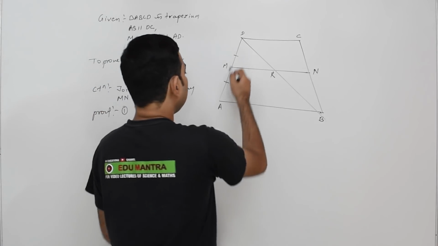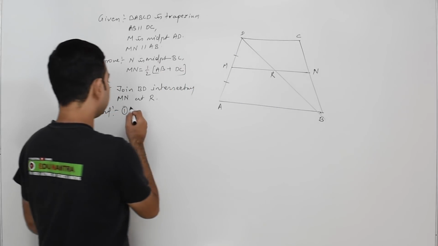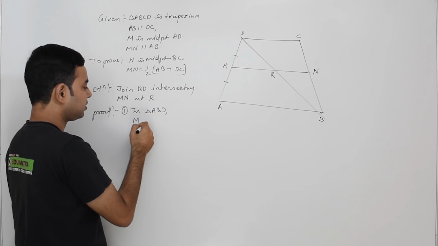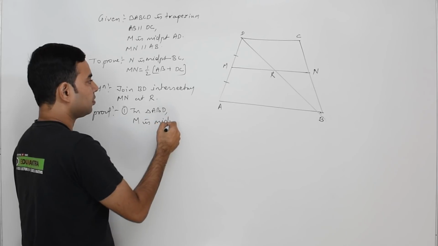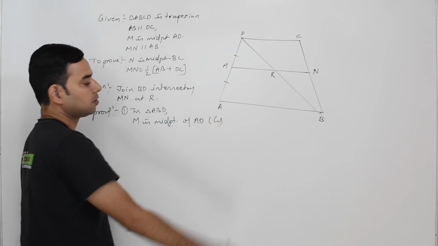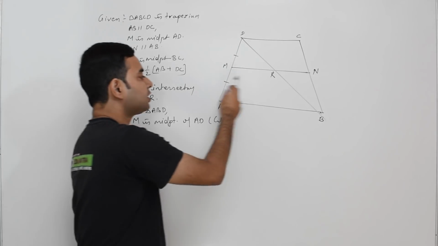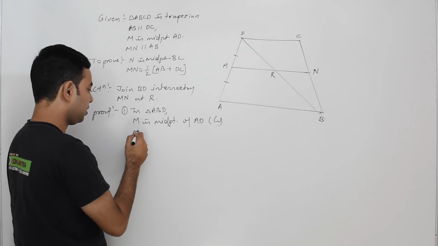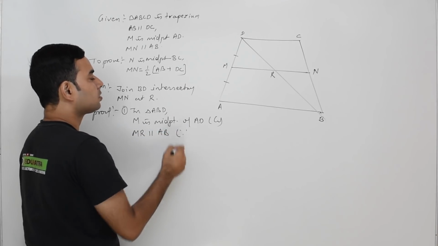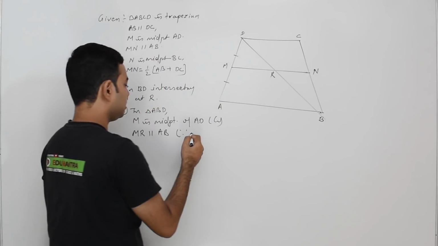Proof. First point. Now, in triangle ABD, M is the midpoint of AD. This is given. And MR is parallel to AB. Why? Because MN is parallel to AB.